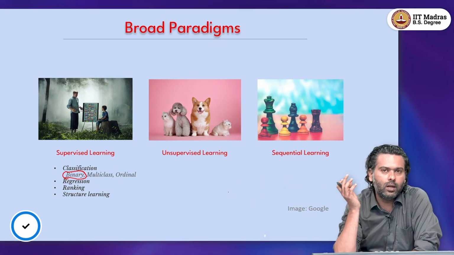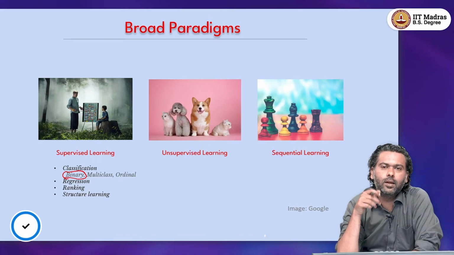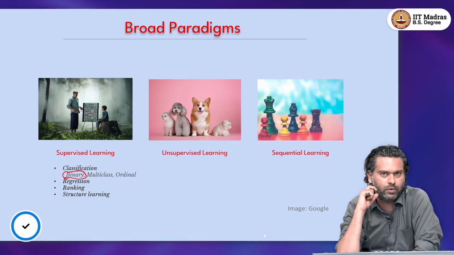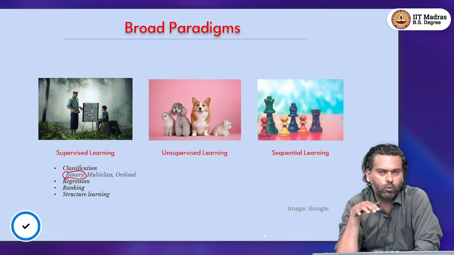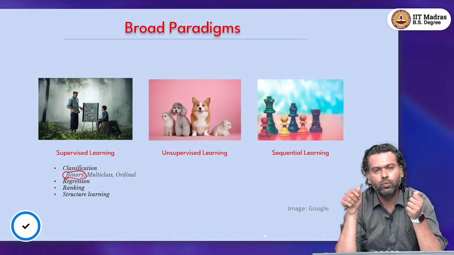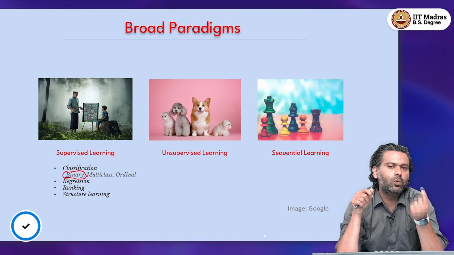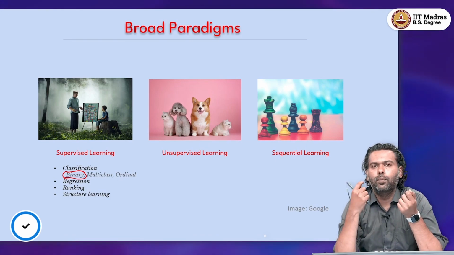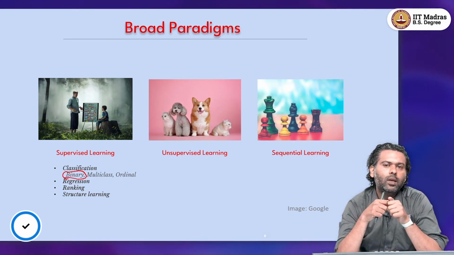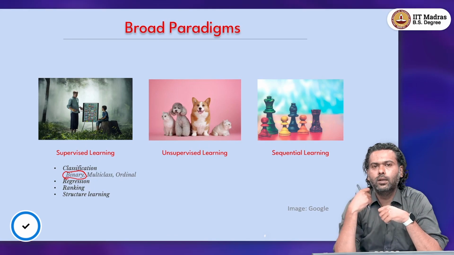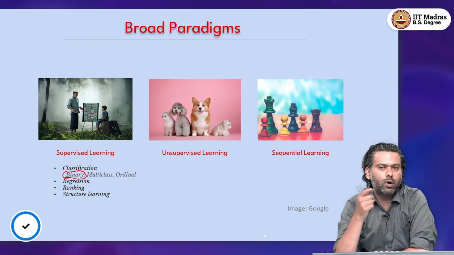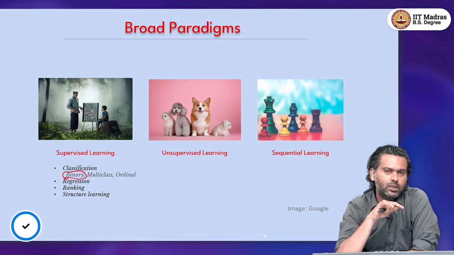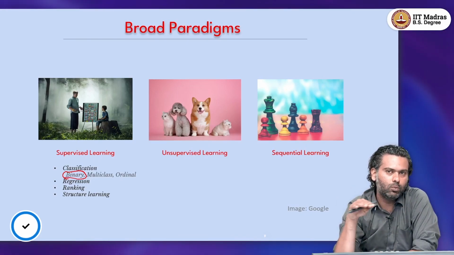Ordinal classification is another type of multi-class classification problem. For example, let's say your data has a lot of movies that you have watched, and there are some features for these movies that describe who the actors are, what the genre is, what the language is, whether it's a Hollywood movie, Bollywood movie, and so on.